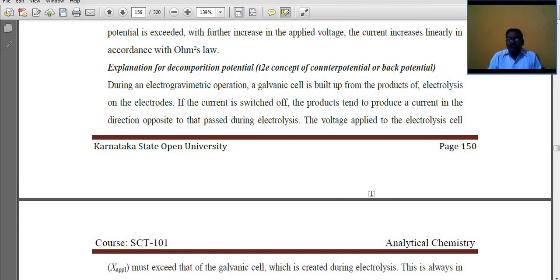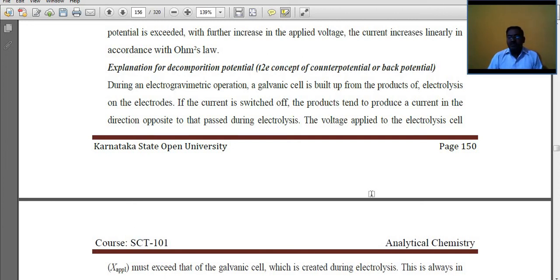During an electrogravimetric operation, a galvanic cell is built up from the product of electrolysis on the electrodes. If the current is switched off, the product tends to produce a current in the direction opposite to that passed during electrolysis.